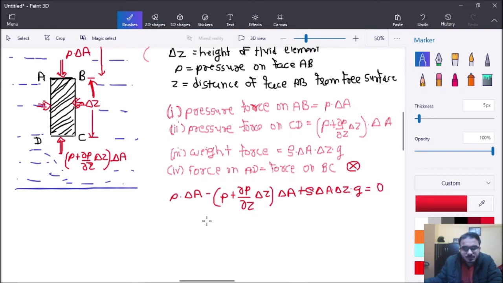So what we will be getting at the end of this is minus del P over del Z into delta Z into delta A plus rho into delta A into delta Z into G equal to 0.